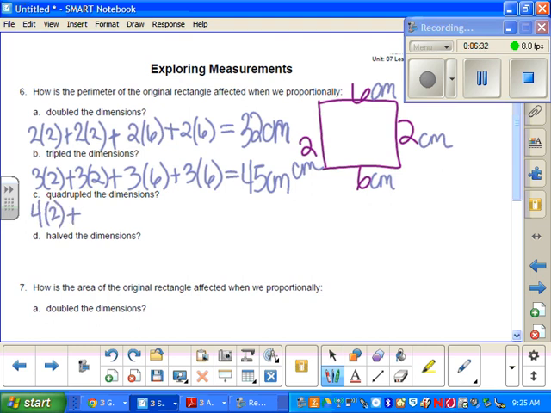And if we quadruple the dimensions, we get 4 times 2 plus 4 times 2 plus 4 times 6 plus 4 times 6 will equal 64 centimeters. Then when it talks about halving the dimensions, if we have 2 for our width, we'll just go half of 2, which will be 1.